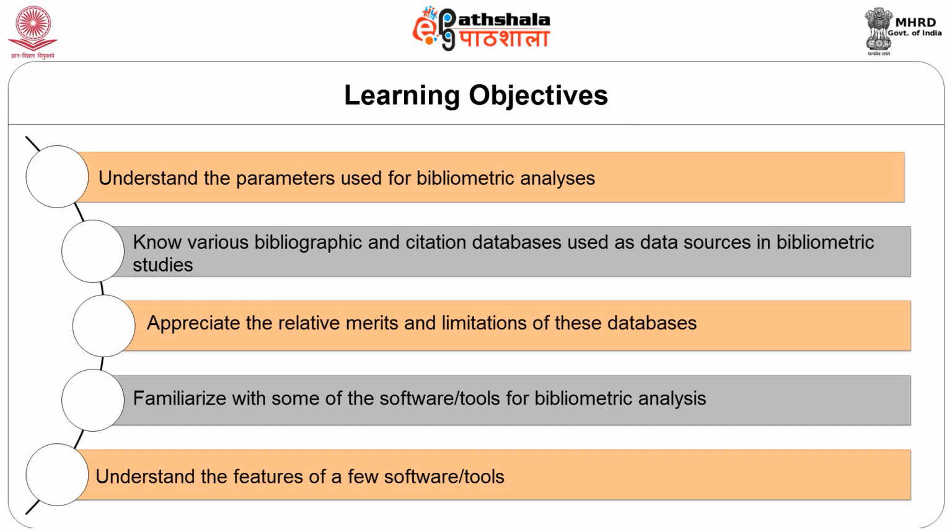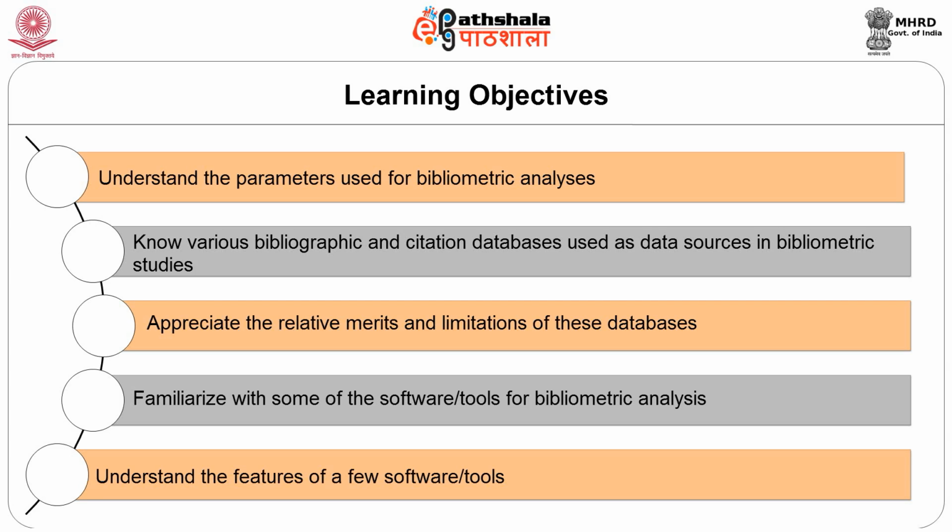The aim of this particular unit is not to make you expert on any one of these tools, but to make you aware about the possibilities of various sources and tools available for bibliometric studies. After completing this module, you will be able to understand the parameters used for bibliometric analysis.